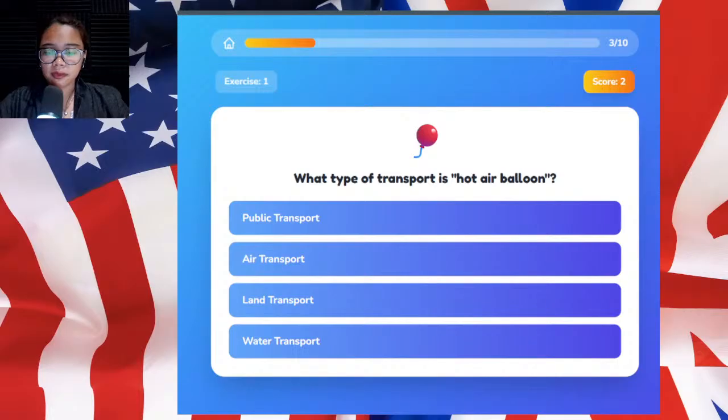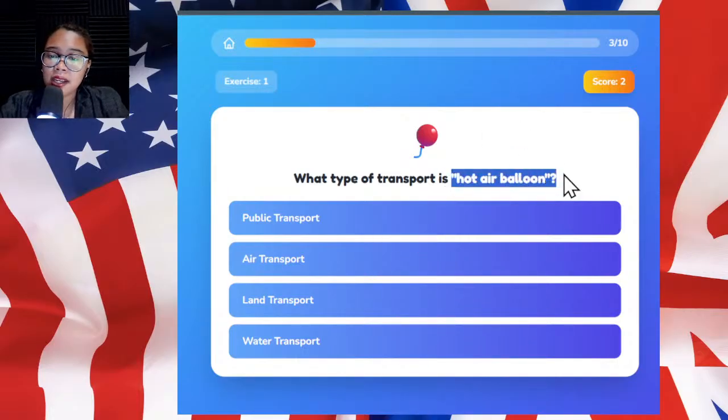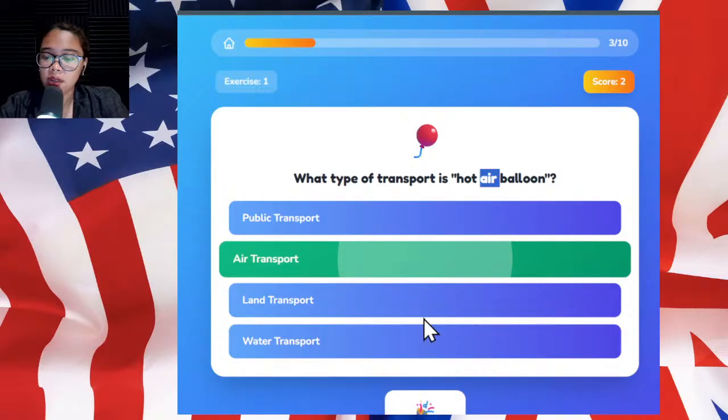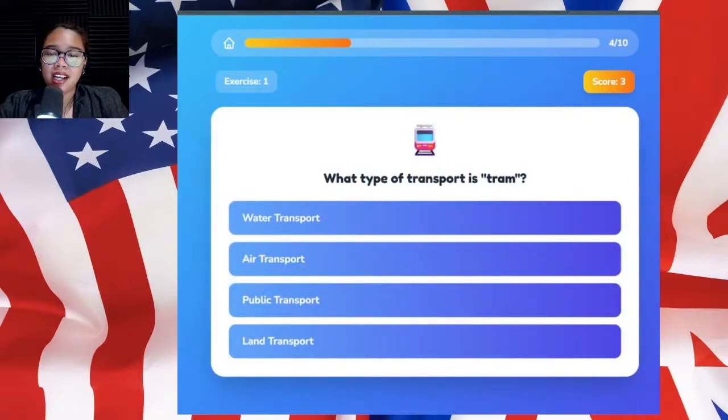Okay, what do you think is this one? Oh, hot air balloon, hot air balloon. So yes, that is an air transportation vehicle. Okay, well done. All right, let's move on to our fourth item.